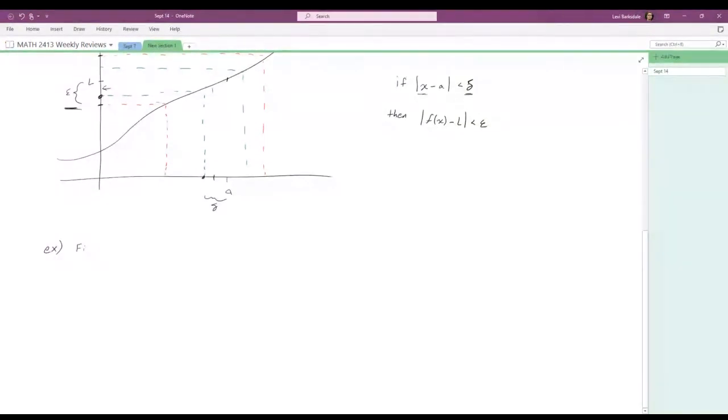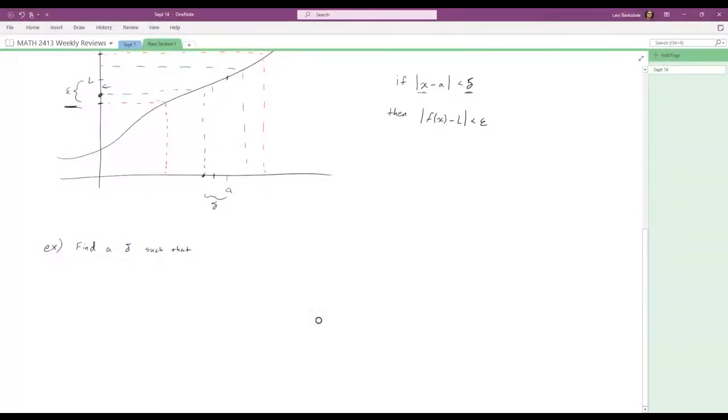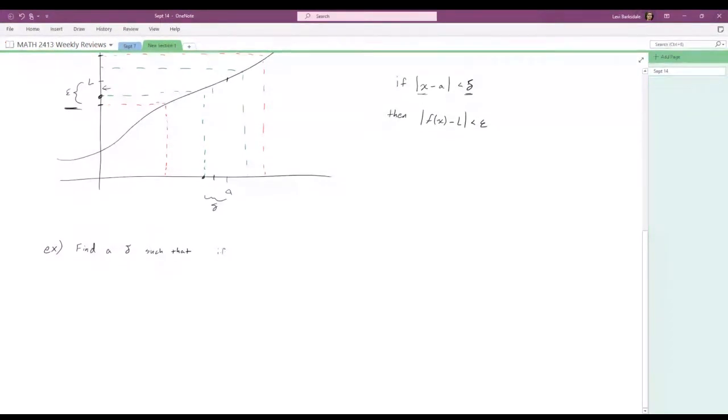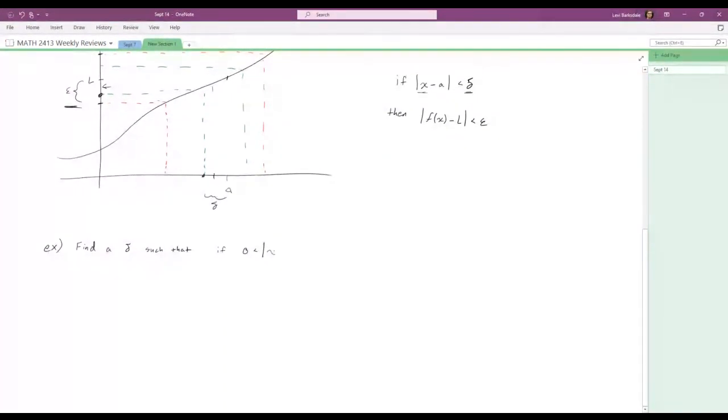So our first example is going to be find a delta value such that... Sorry, I was looking at the wrong problem.